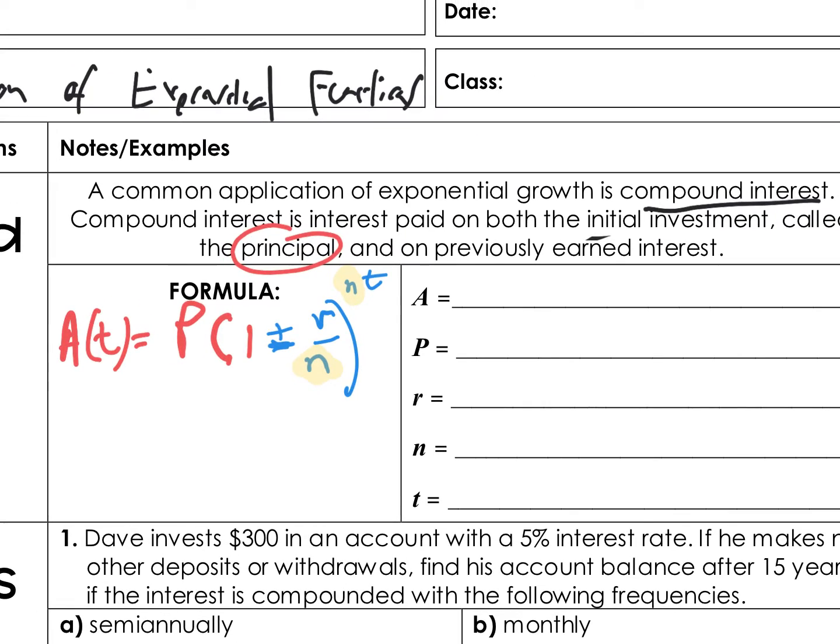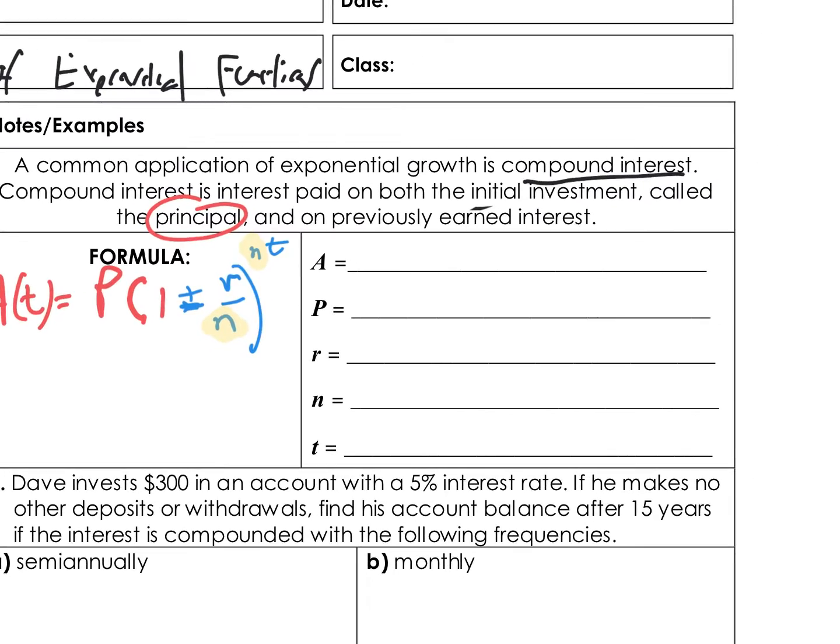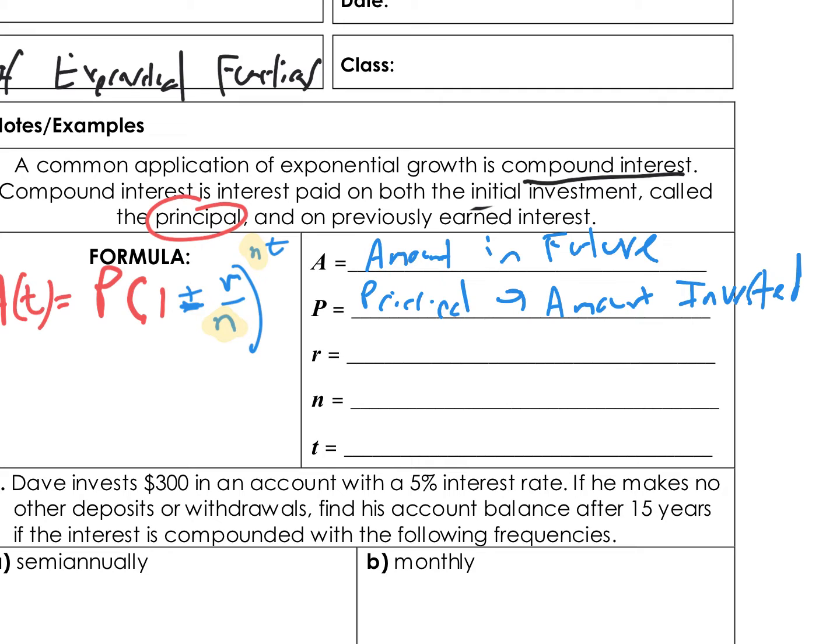I still really don't think I have a great definition, but A stands for the amount in the future. P stands for the principal, and this is the amount invested, or the initial amount, maybe it's not an investment.